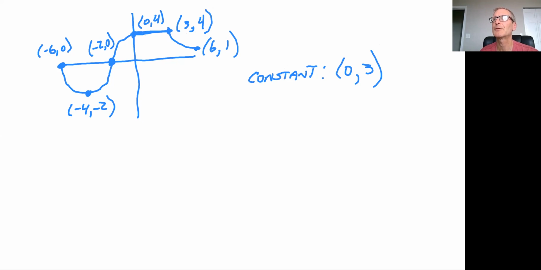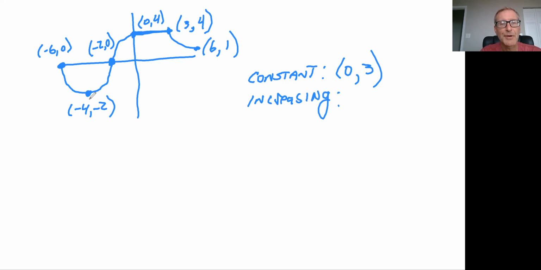So the next question would be, where on this graph is it increasing? That would be the concept of where do you see a positive slope: when x is increasing, y is increasing.